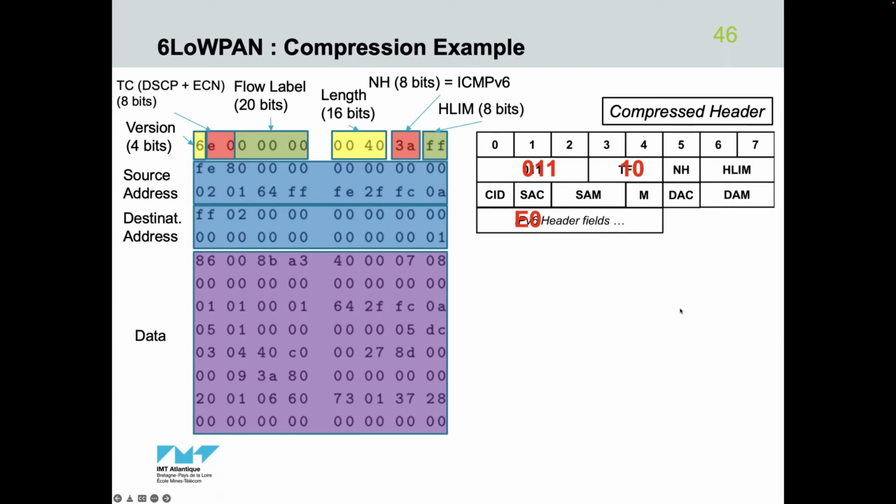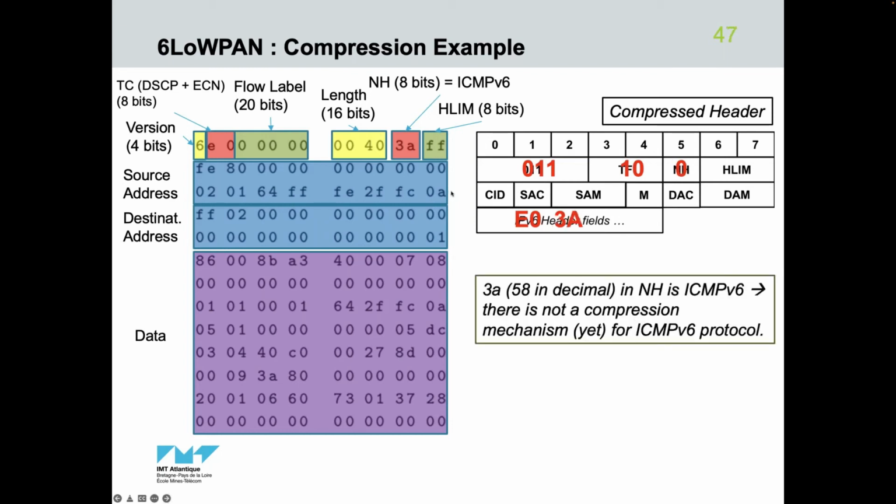Next we have the payload length field, which can be elided like the version, since it can be inferred from the lower layers, either from the 6LoWPAN fragmentation header or from the layer 2 802.15.4 header.